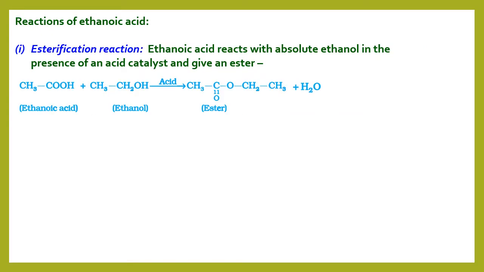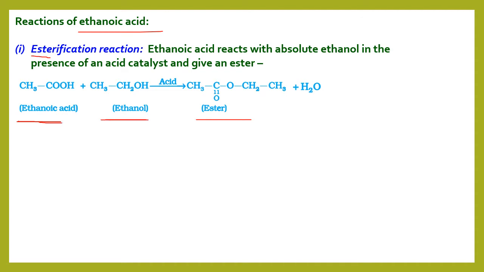Here are the chemical properties of ethanoic acid. The first reaction is the esterification reaction. When ethanoic acid reacts with ethanol, it gives ester. That is why this reaction is known as esterification, right? See, CH3COOH, that is ethanoic acid or acetic acid.